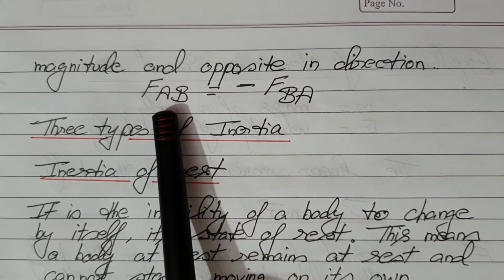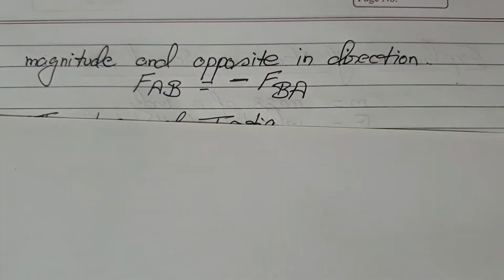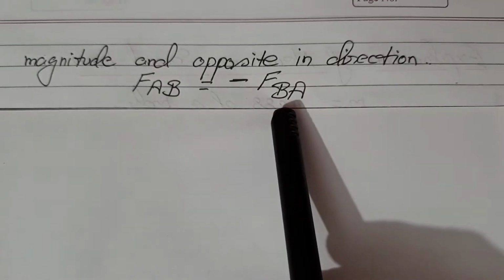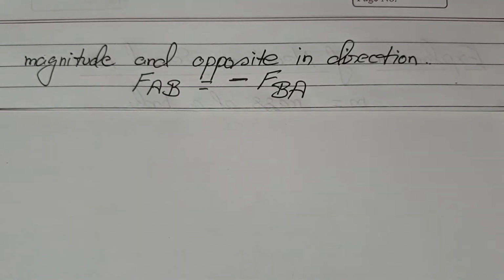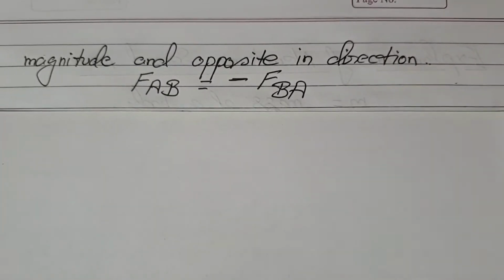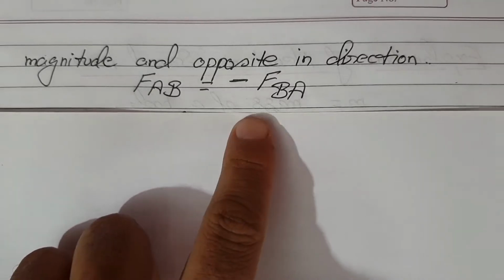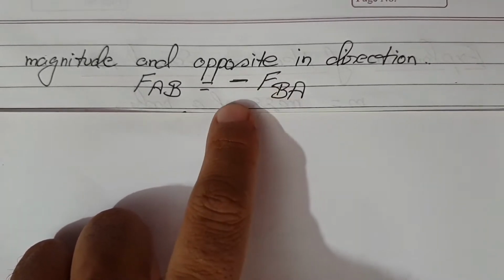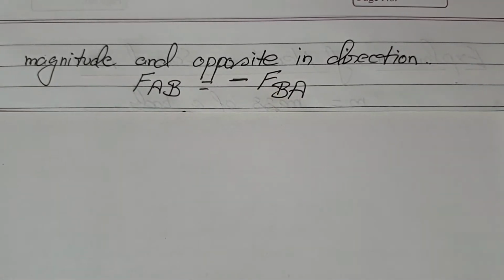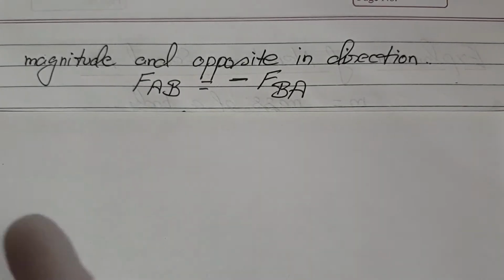So F_AB is equal to minus F_BA. F_AB represents the force on body A due to B, and F_BA is the force on body B due to A. So F_AB is equal to negative of F_BA. The negative sign represents the opposite direction. So that is Newton's third law.